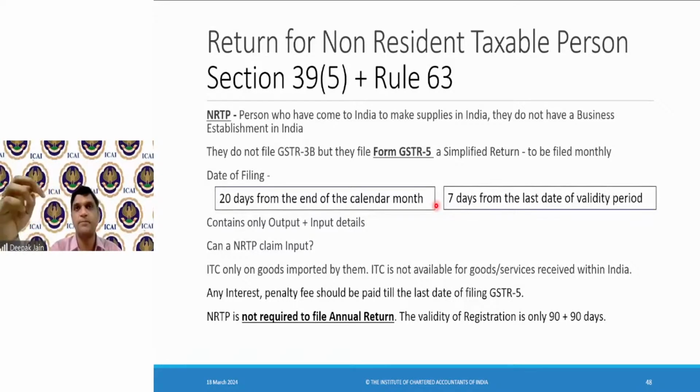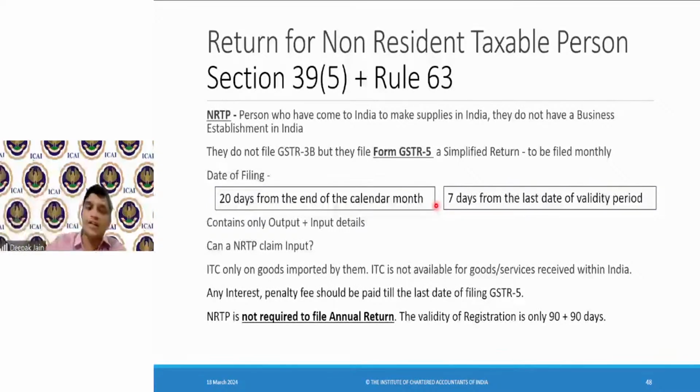Since this is a temporary registration, it is not necessary that it will always be issued from the first of the calendar month. It can be issued in between, correct? So if it has been issued in between a month, for that month they have to file a return. Then second month, they have to file a return. Third month, they will have to file the return. Fourth month, their validity period is getting over. 75 days are completed in the first 3 months.